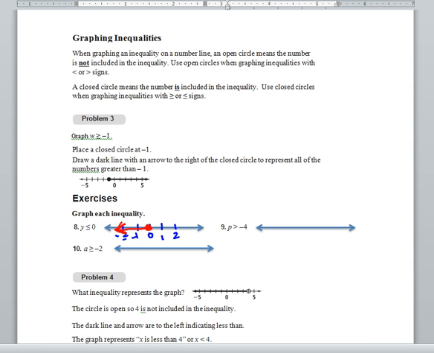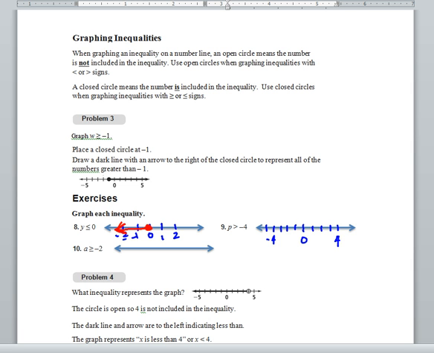Number 9, again, let's put some tick marks on here. P is greater than -4.